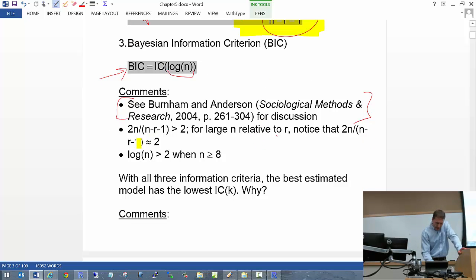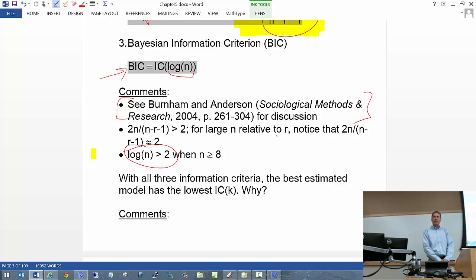Now note that log of n will always be greater than 2 when n is greater than 8. So as long as you don't have an extremely small sample size, the BIC, the Bayesian information criteria, is always going to use a larger penalty. So what's the end effect, though, of using a larger penalty in comparison to the AIC?